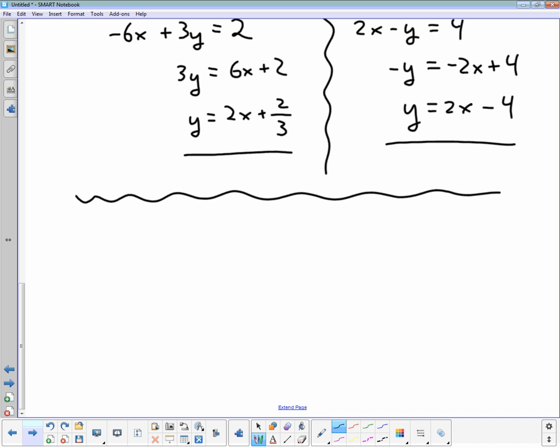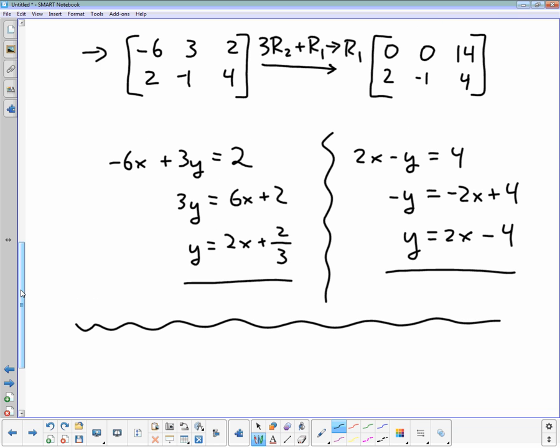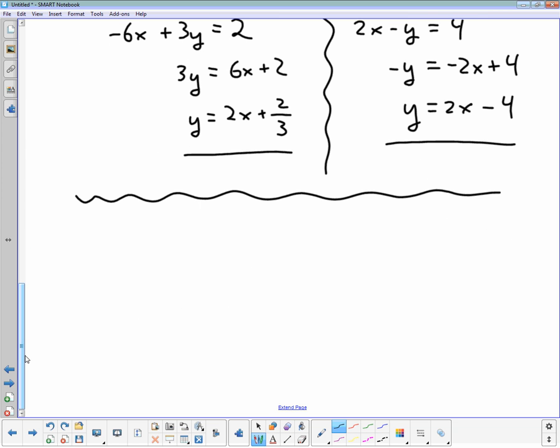Well, these are dependent because they are basically multiples of each other. It's a scalar multiple, so these are dependent. Dependent systems do not intersect. Independent do.